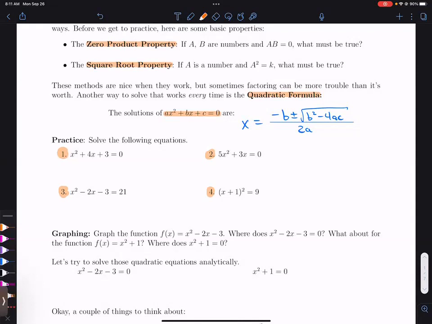Yeah. So split up the plus or minus now. And then add, I would add first. You can divide, but you have to make sure to divide both places.